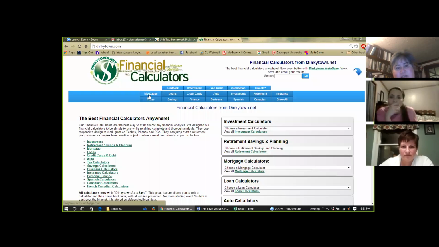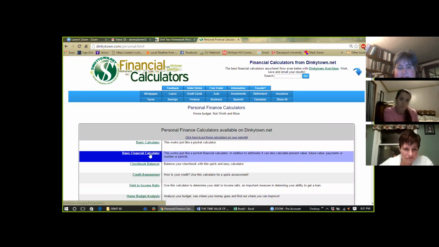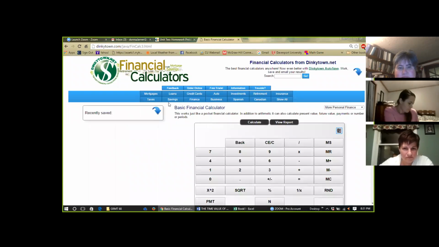You can use it to calculate mortgages and loans and so on. We're going to go to finance or financial calculators. You pick finance and then basic financial calculator. And I will try to send the link right to this location instead of having to navigate through the menus.